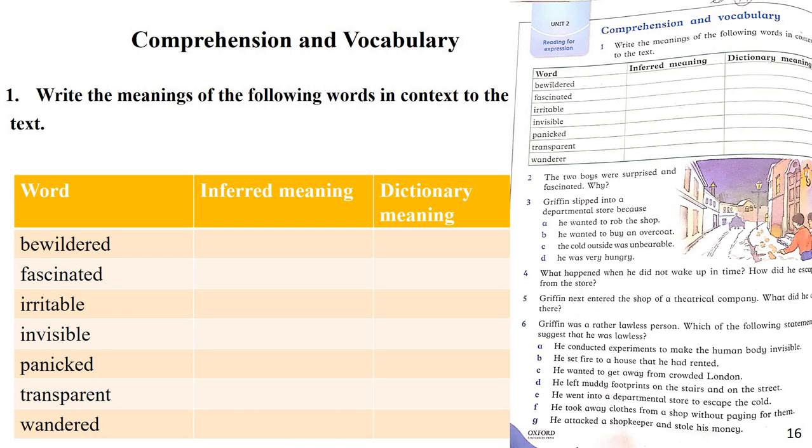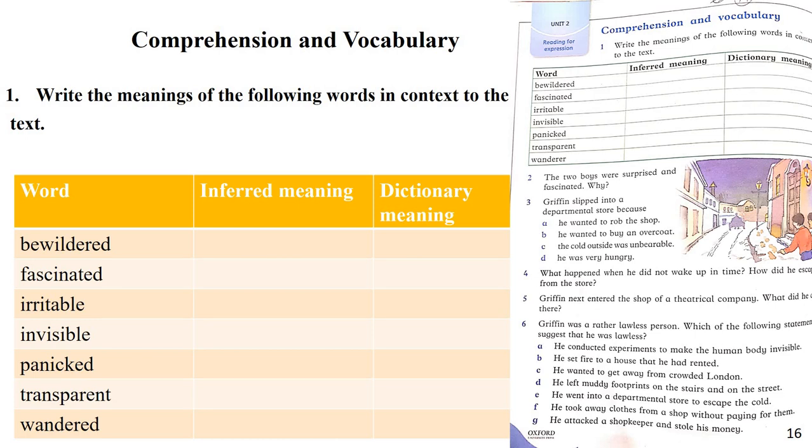On page number 16, there is a list of questions. After reading the story, students are supposed to answer them. The first question is, write the meaning of the following words. There is a list of words, and students are supposed to find the inferred meaning, which is the meaning they get after reading the story, and the dictionary meaning, which is the actual meaning.